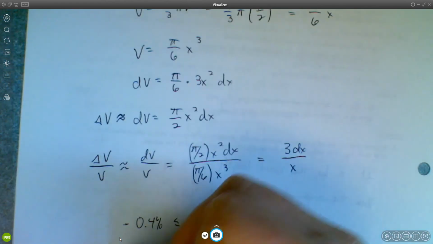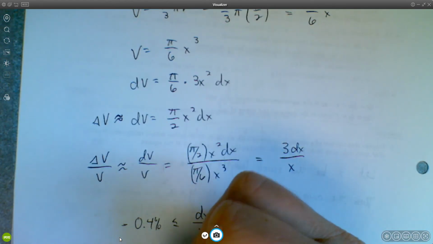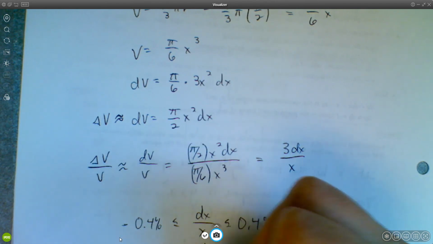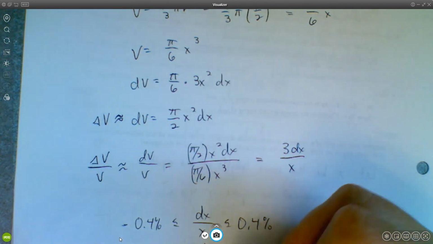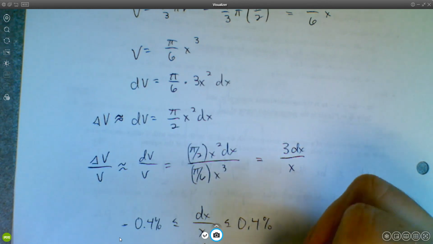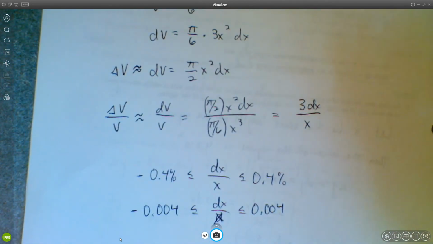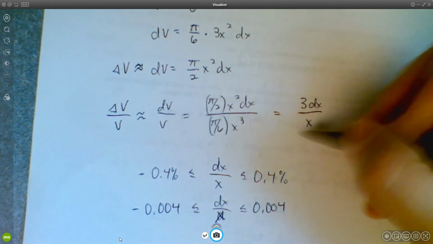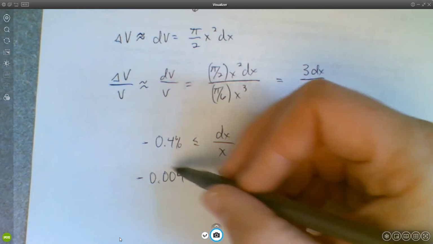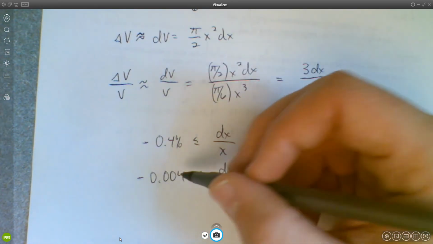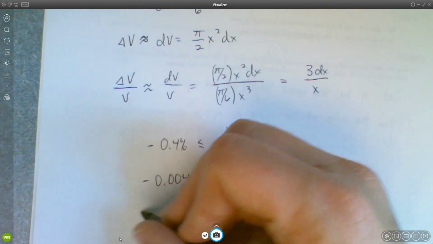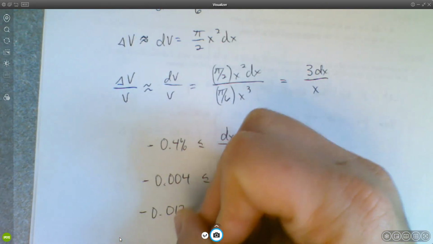Or in other words, you could say negative 0.004 is less than or equal to dx over x, which is less than or equal to 0.004. So that means 3 times dx over x is going to be between 3 times these numbers. 3 times 0.004 is 0.012.